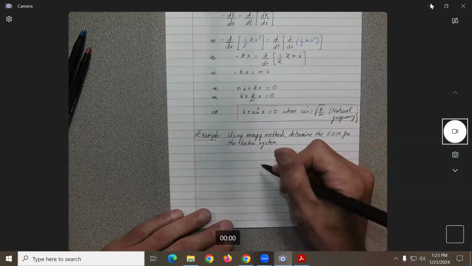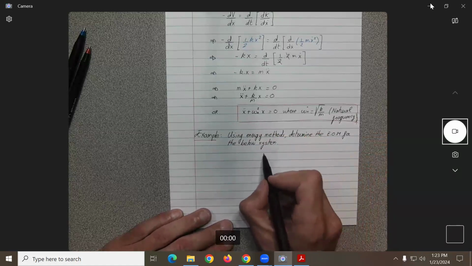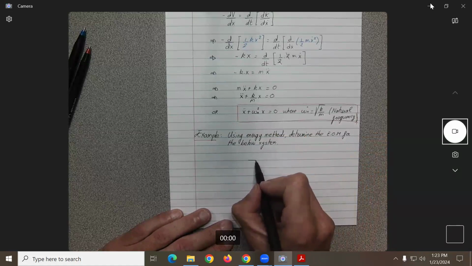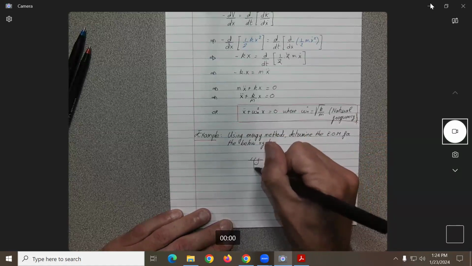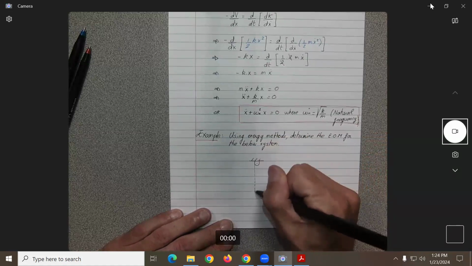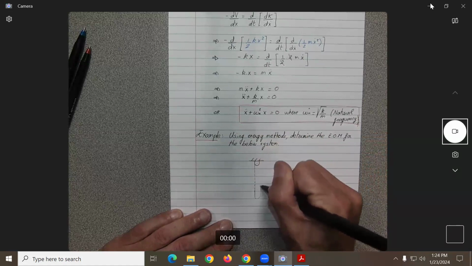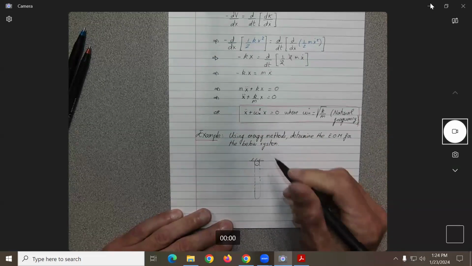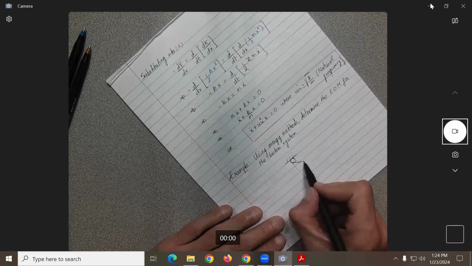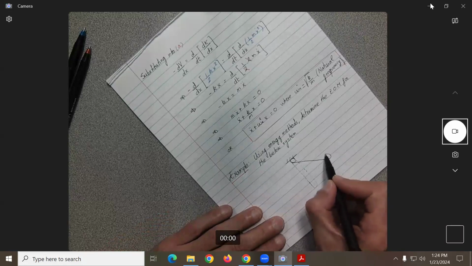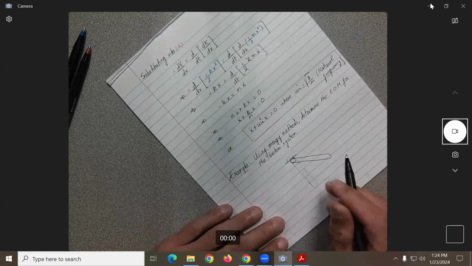So our below system is going to be the one we had before. So I'm going to plot here the undeformed bar. Okay, and now I'm going to do the deformed bar. There we go.